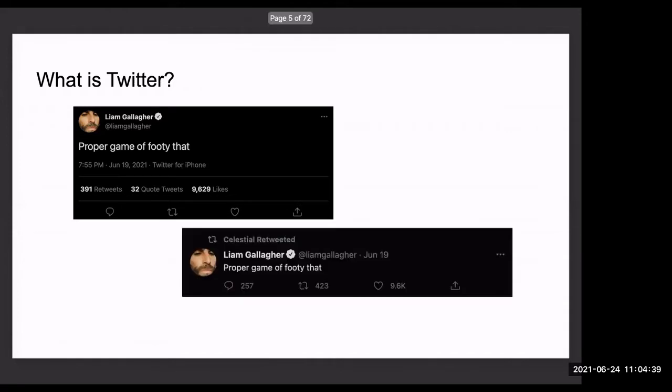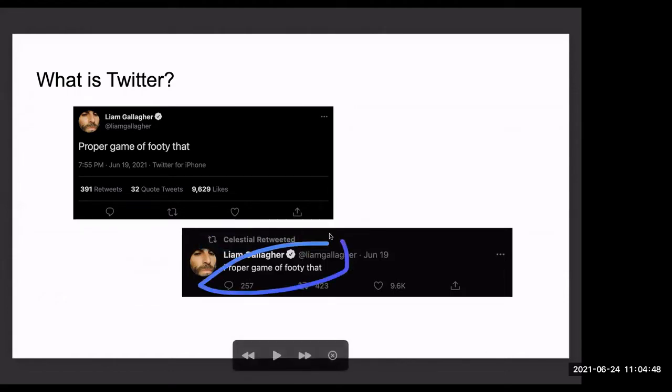And users may also then retweet this. So you see here that user Celestial has retweeted. It's the same content, these two tweets, but it is being shared basically. So the users that follow Celestial will then be able to see this in their timeline. So this is how information is spread basically in Twitter, by sharing other content to new user bases.